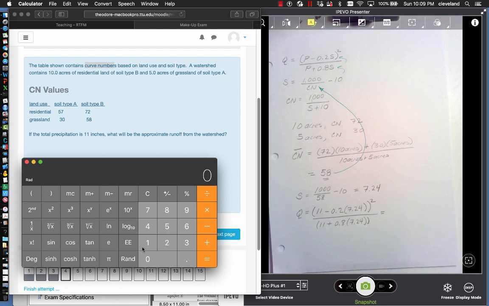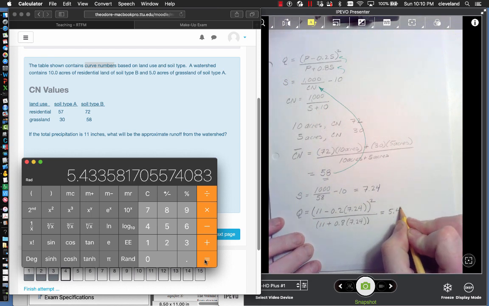So, 11 minus 0.2 times 7.24, and then I want to square that thing, divided by the quantity 11 plus 0.8 times 7.24, 5.43, and it's going to be in units of inches.